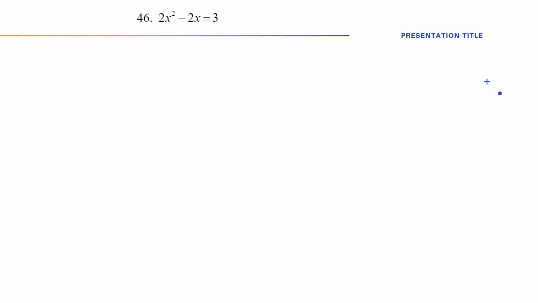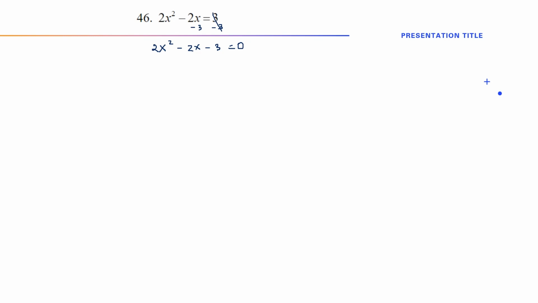So for this question, we can move the 3 to the left-hand side by subtracting 3 from both sides. We have 2x squared minus 2x minus 3 equals 0. And we check if we can use the AC method to factor it completely.